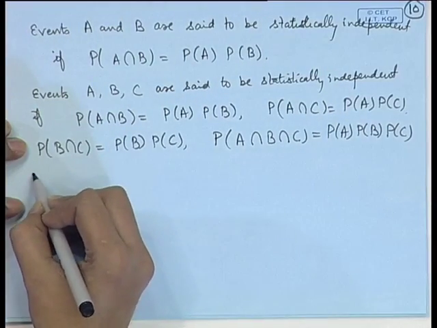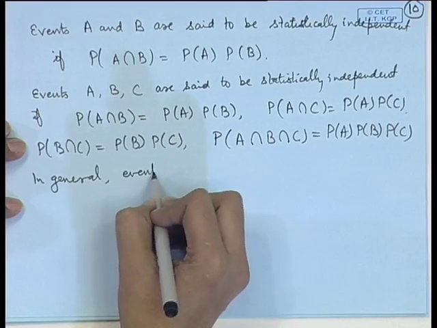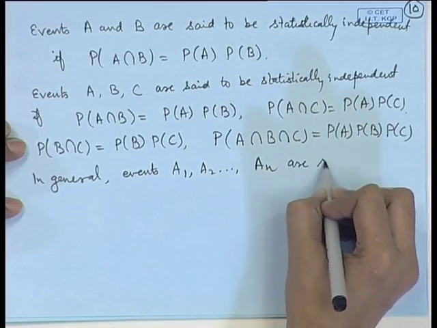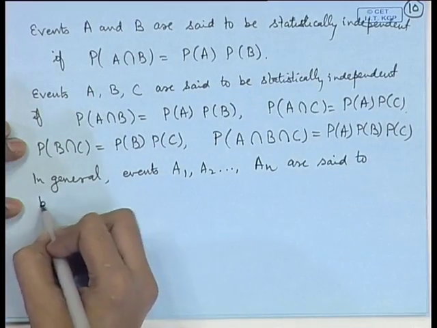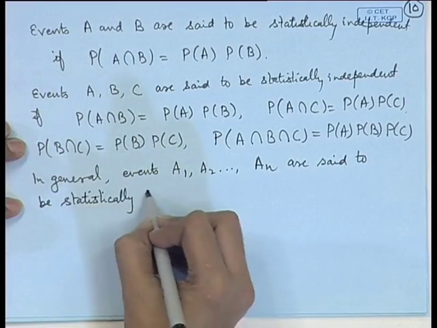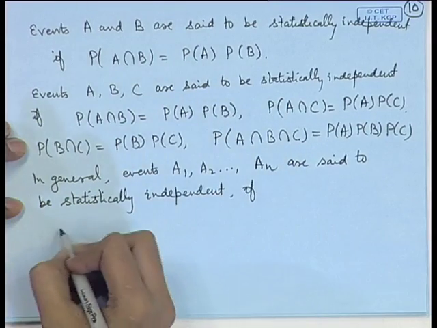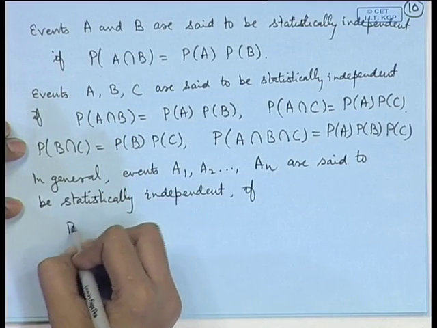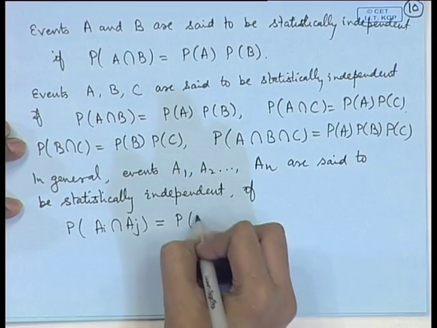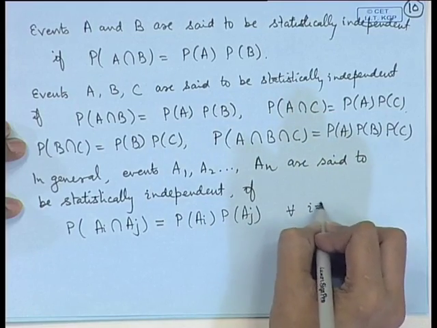In general, if we have events A1, A2, ..., An, then they are said to be statistically independent if probability of A_i intersection A_j is equal to probability of A_i into probability of A_j for all i not equal to j.